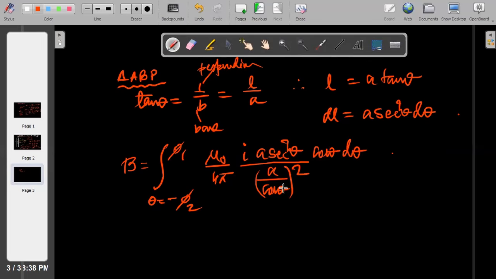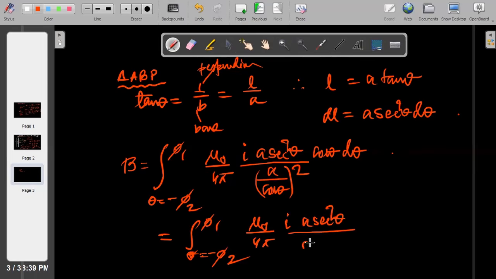Now look here, A by cos square theta means A sec square theta. So sec square theta will cancel. So theta changing from minus phi 2 to phi 1, mu naught by 4 pi I into A sec square theta divided by A square, this is again sec square theta into cos of theta d theta. This will cancel, this will go off, this will be A.